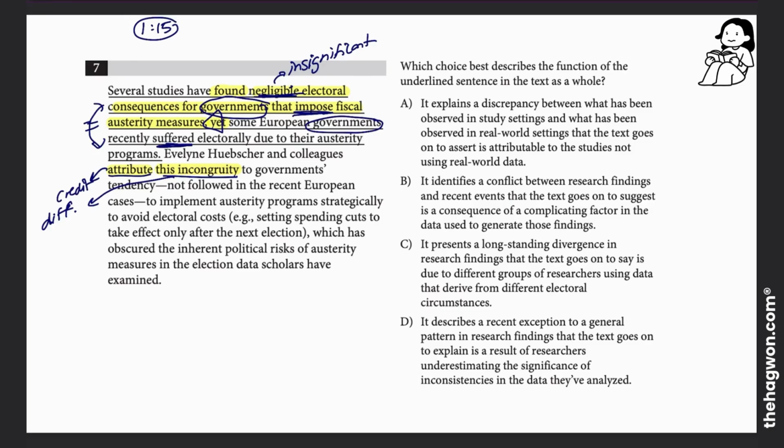What's the reason for it? The government's tendency to implement austerity programs strategically to avoid electoral costs. So it's the government's fault. It's the government deciding to impose or implement these programs at a specific time to cut costs. So it's the government's fault.